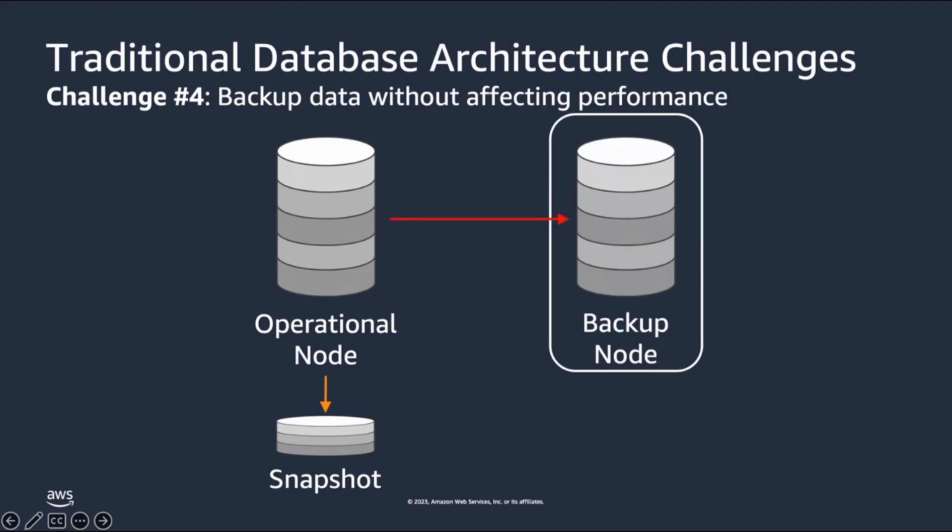So a common approach to solving that problem is to have another node that is there just to perform the backups. It removes the load from your operational node. But in this case, sometimes there's additional cost for license for that node, and certainly there's going to be additional cost for the infrastructure for that extra node.